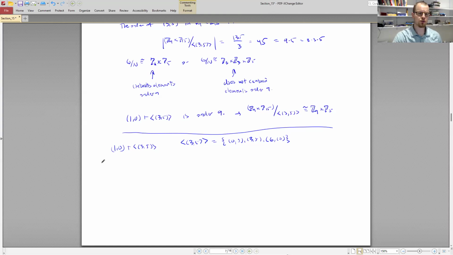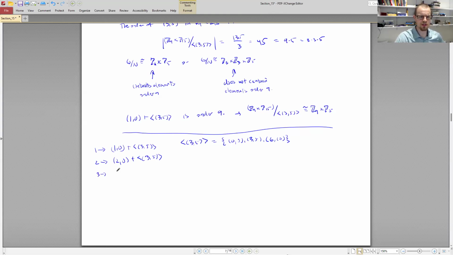So take 2 times this element, raising it to the second power. I could try to rewrite this, but it's not going to give me anything that's in there.